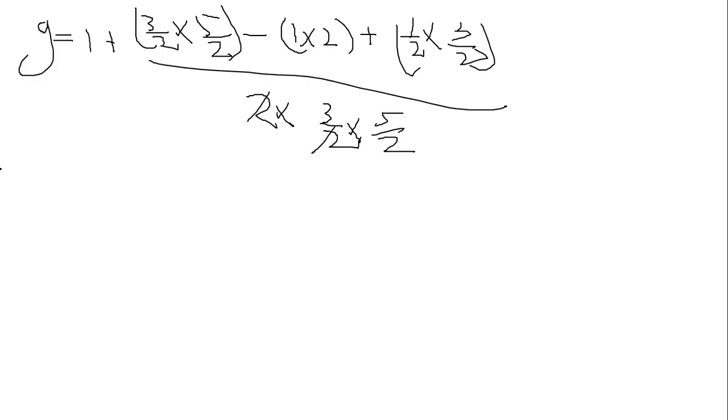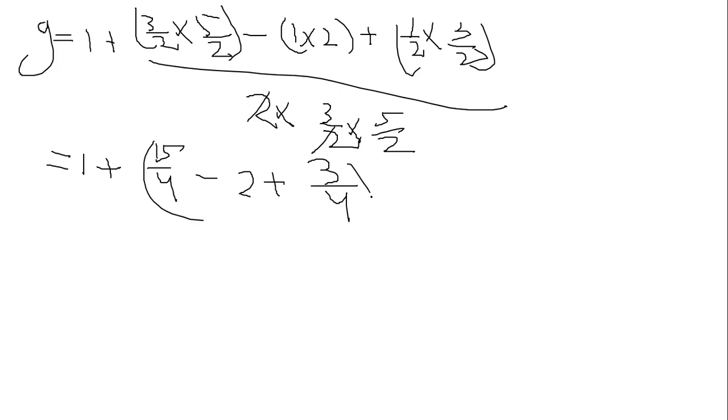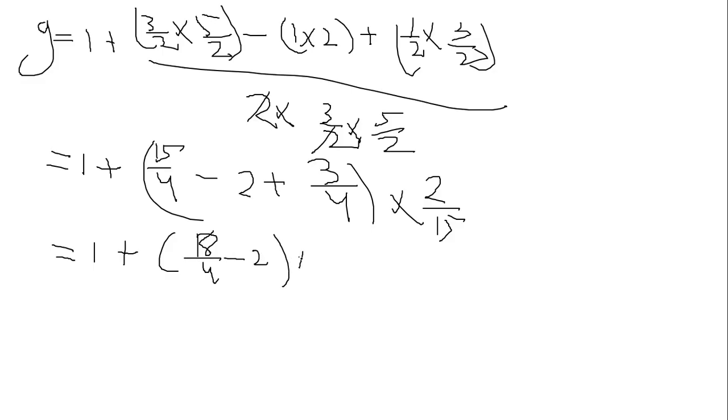So the 2 gets cancelled out. It is 1 plus 15 by 4 minus 2 plus 3 by 4, into, it is 15 by 2, so it will be 2 by 15. Then it will be 1 plus 15 by 4 plus 3 by 4, which is 18 by 4, minus 2, into 2 by 15.